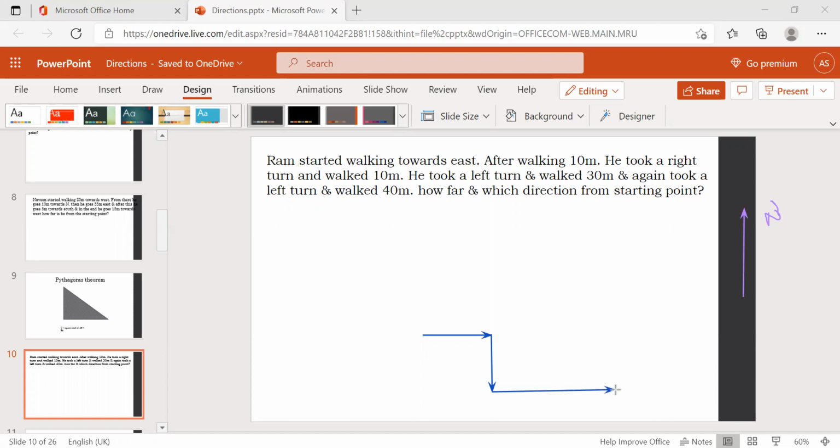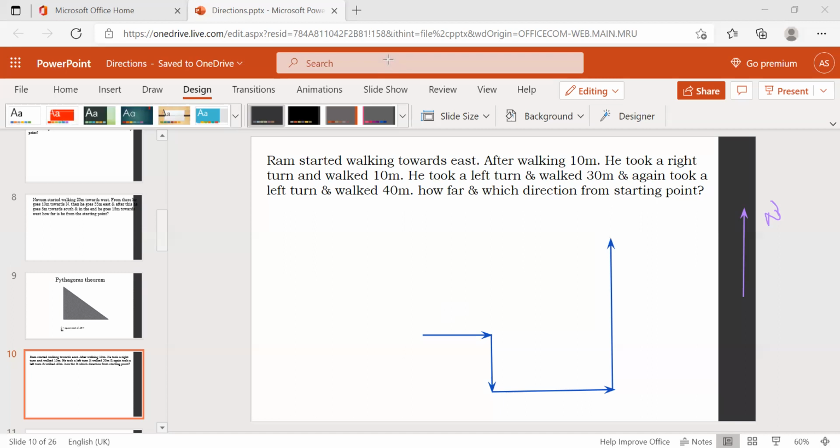Okay, this is 30 meters. So this is 10 and this is 30. And again took a left turn. So from east, left, nothing but north. And walked 40 meters. Now they're asking how far and which direction from starting point.